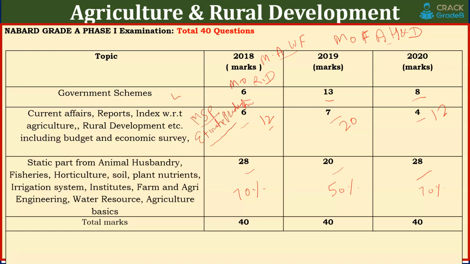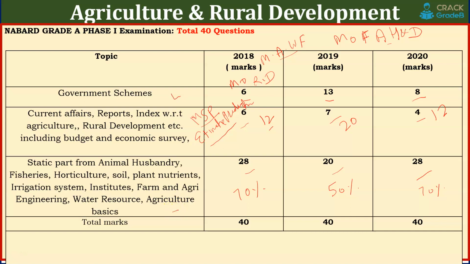In the static part, the majority of the questions you will see are from the static part in agriculture and rural development, that is from the technical part and some static part. In the static part, they used to ask about various institutes, where an institute is located, so you have to cover that.